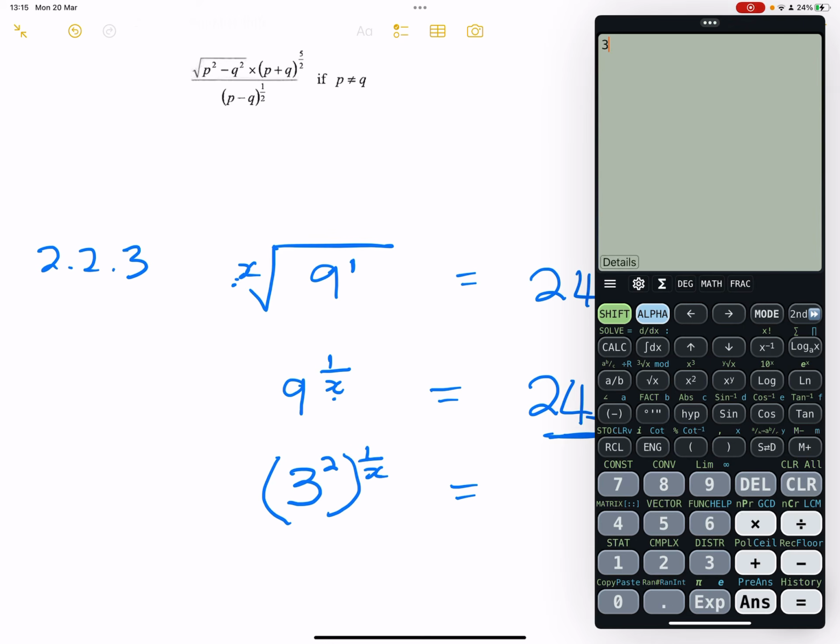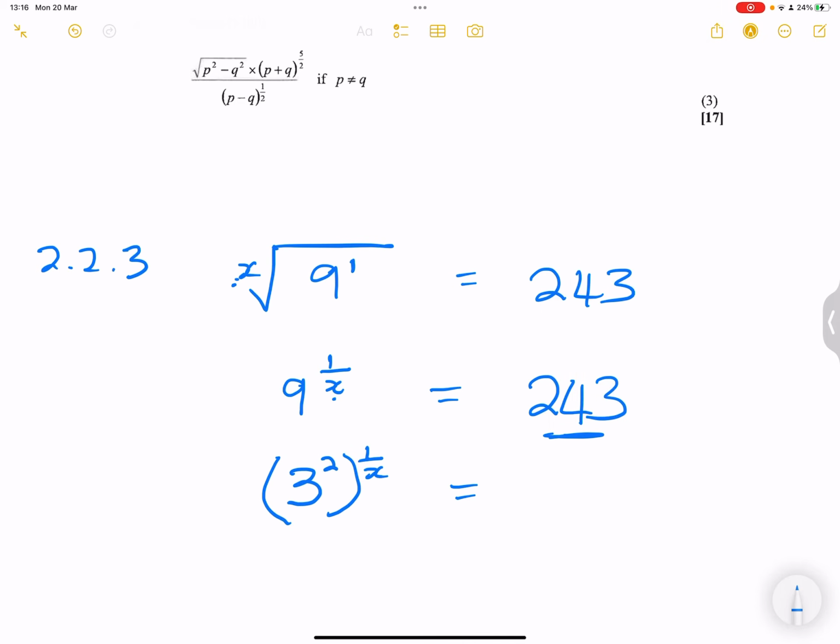Let's say 3 to the exponent 4, that's 81. If we said 3 to the exponent 5, that's 243. So that's 3 to the exponent 5.